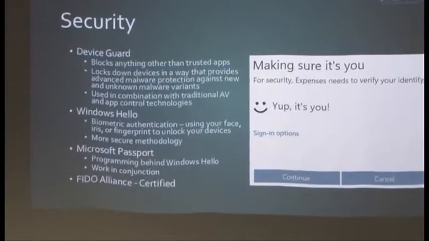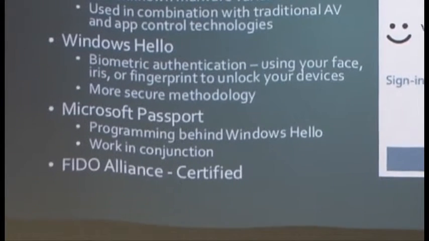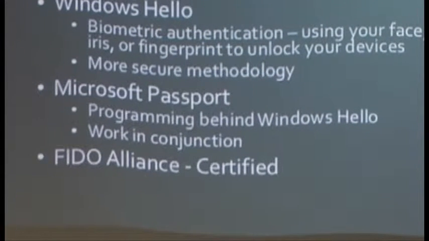In combination with that, they have Microsoft Passport, which is kind of programmed in combination with Windows Hello. It'll actually help with storing all that data, but it doesn't store it locally. And there's a video I'll show that explains it a lot better than I can.